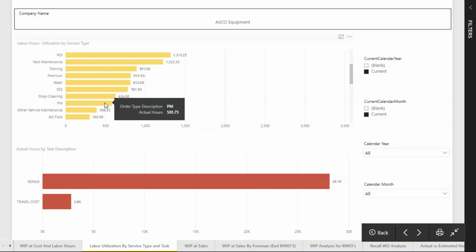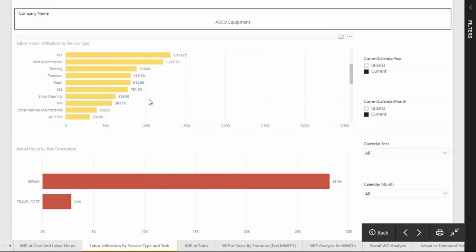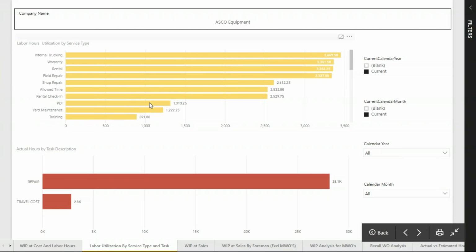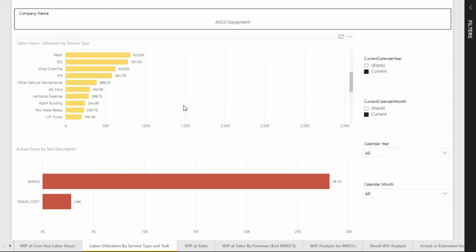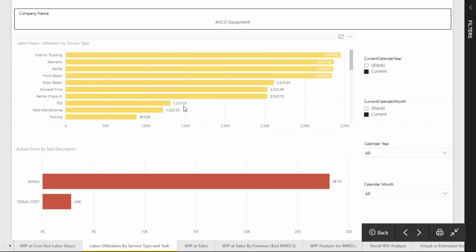Yeah, there is, but it's at the bottom. Some is in the shop, some is in the field, but it's more specific. But I think they're keying in as field repair and shop repair for the most part. I'm guessing they're choosing based on the labor rates we have associated with those service types.